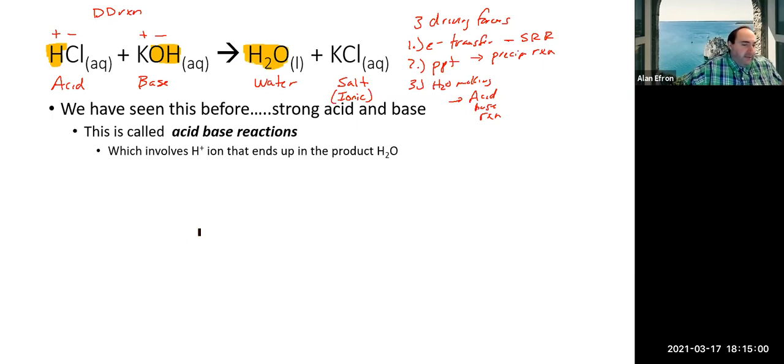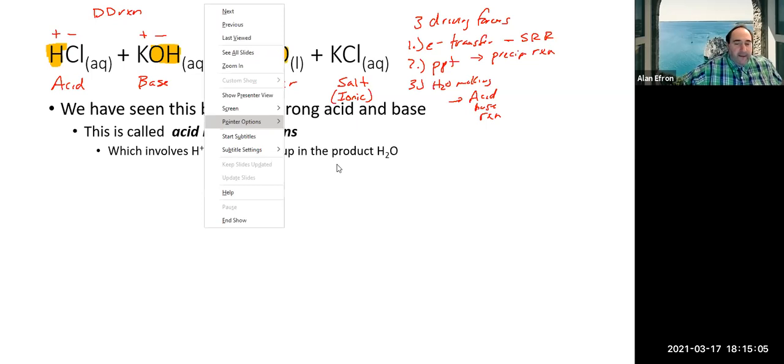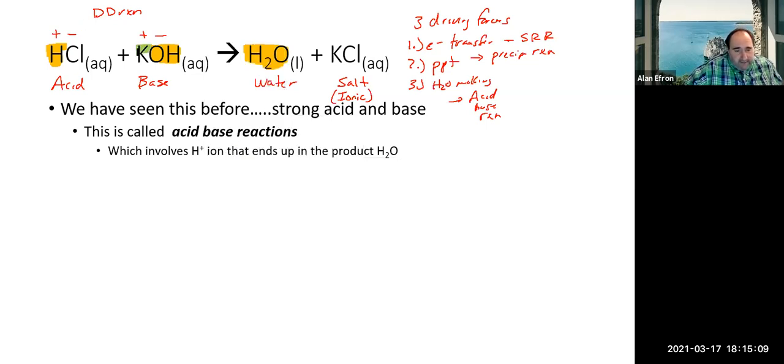H plus OH minus is basically where we produce water from. What that leaves you is the K plus, the positive guy in the second compound, which will then hook up with the Cl minus in the first compound and make our second ionic compound, which is potassium chloride, the salt.